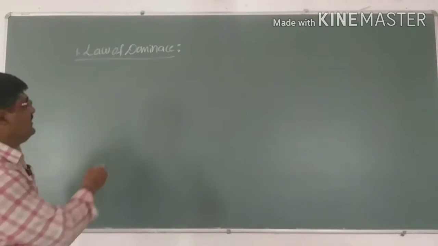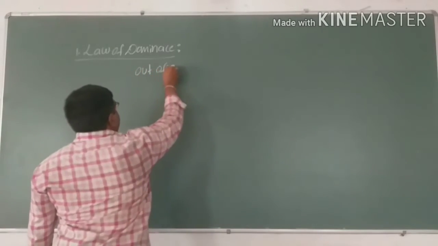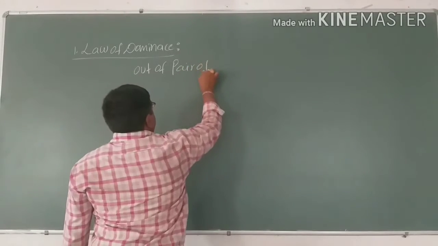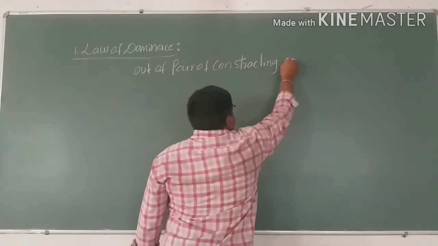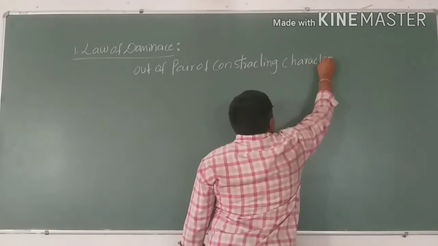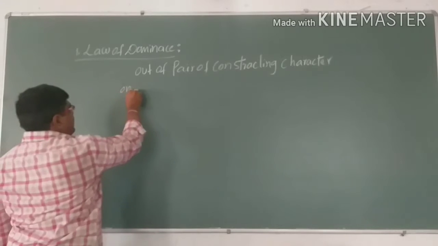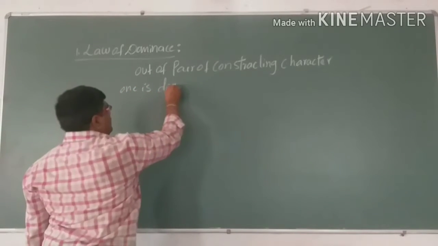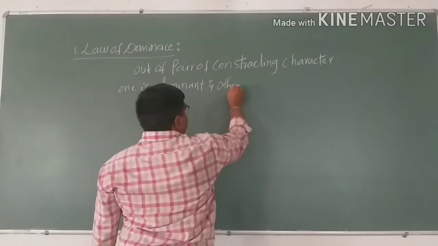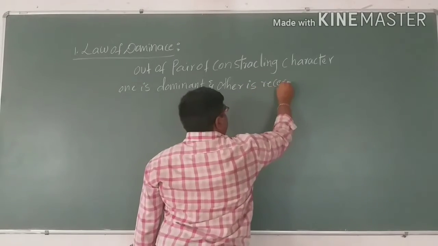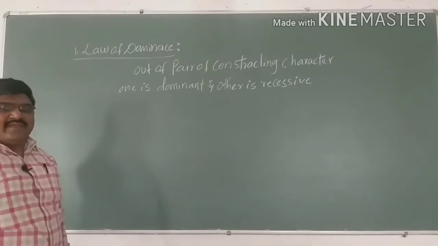So dominance takes place, meaning out of a pair of contrasting characters, one is dominant and another is recessive.